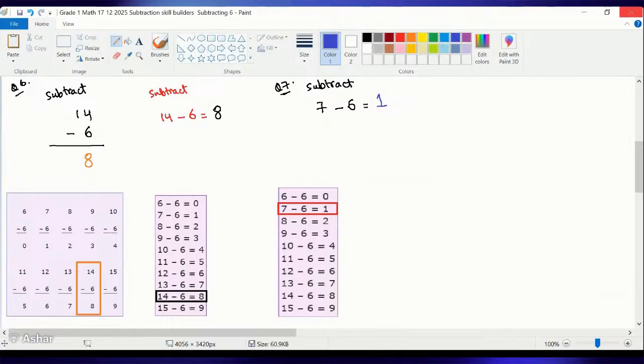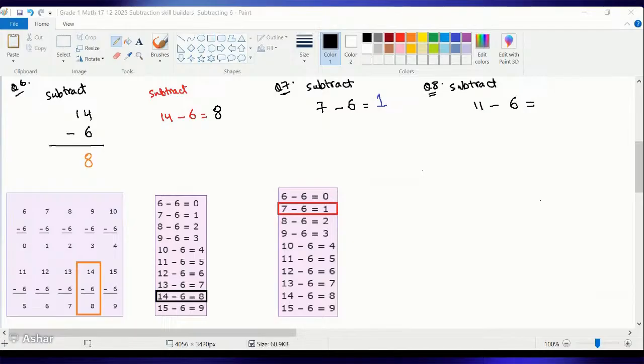11 minus 6. In this question, we will consider some objects. Question number 8 says subtract 11 minus 6. So 11 minus 6, we need to find out. Either we go to the grid which we already have, or we find the values by drawing some diagrams, or writing the numbers. So let's look at some possibilities.